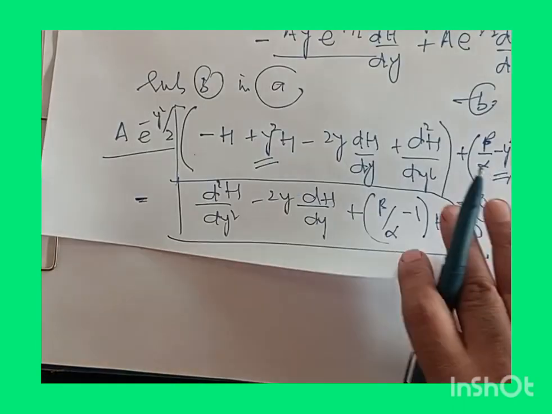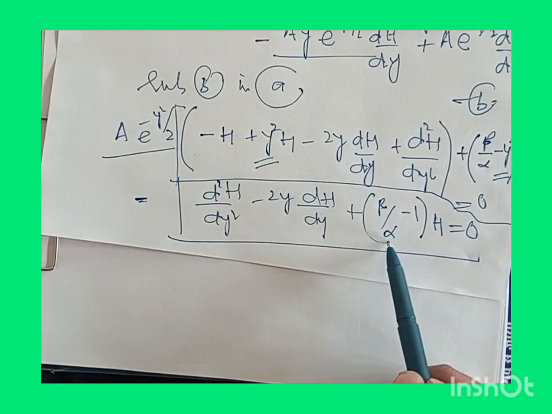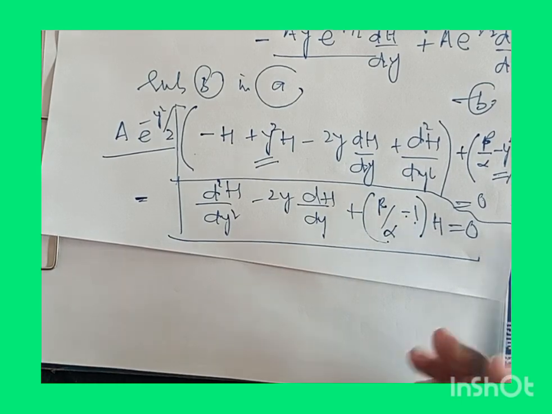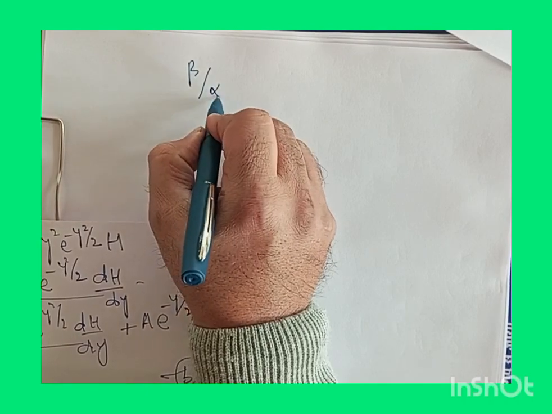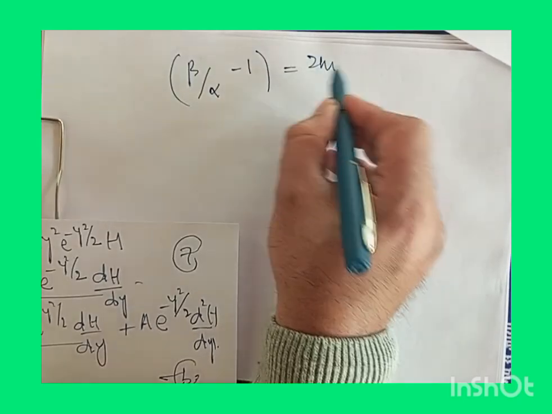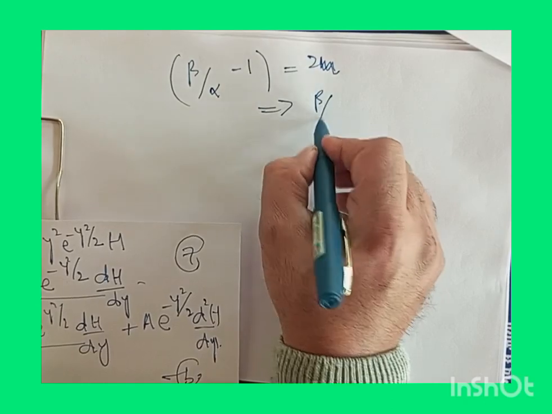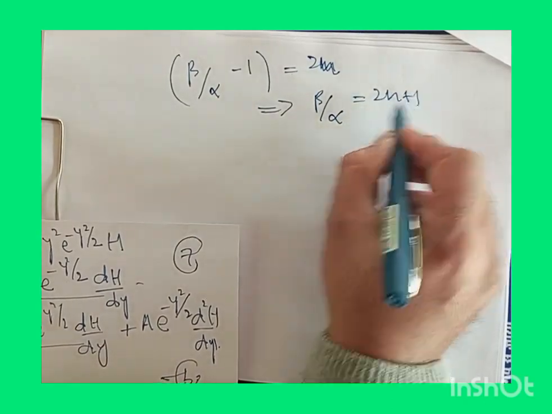So moving on from here, we have a differential equation in terms of this Hermite polynomial, and what I would like to do here is assume that beta by alpha minus 1 is equal to 2n. So what does that imply? That implies that beta by alpha is 2n plus 1.